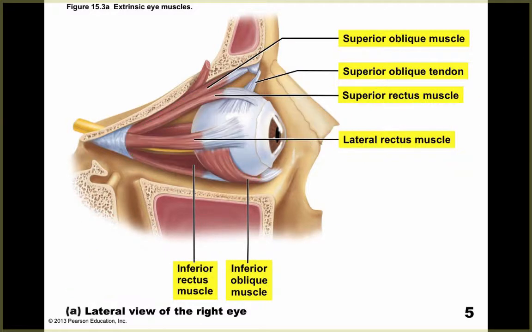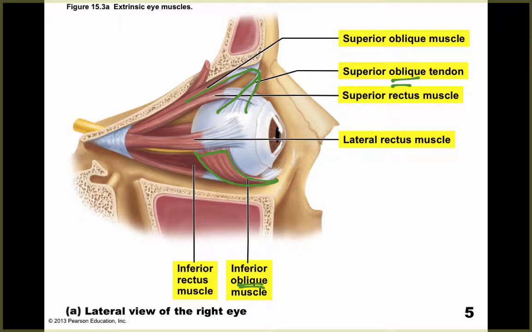Now, if you notice here, these guys are going sideways. And the sideways is oblique. So the inferior oblique pulls it from over here and makes it shorter.